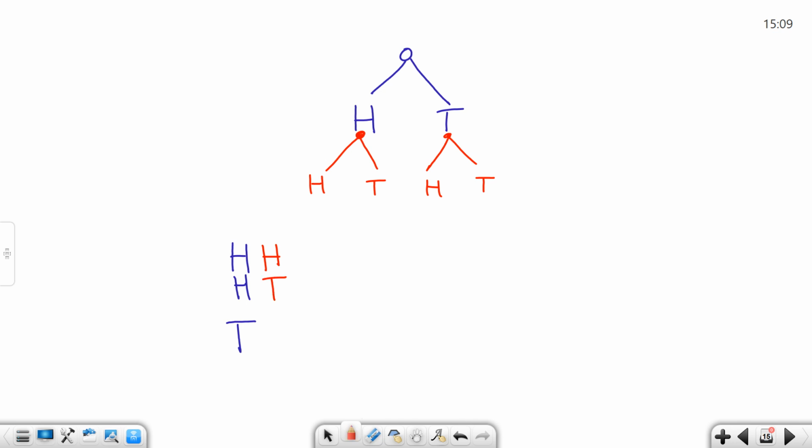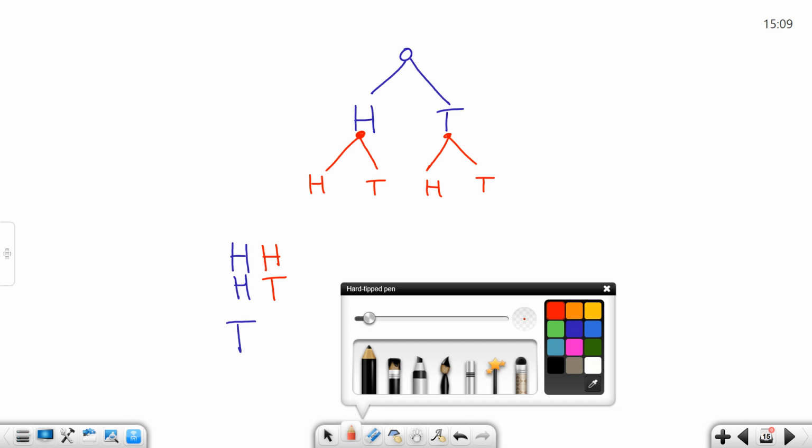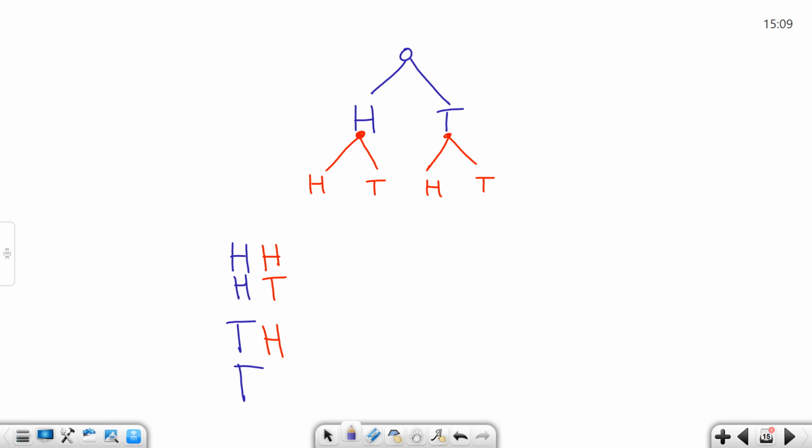And with this tail here, I could get a tail and then a head, or a tail and then a tail. So after the first toss, I get a head or a tail again. So this is my probability.